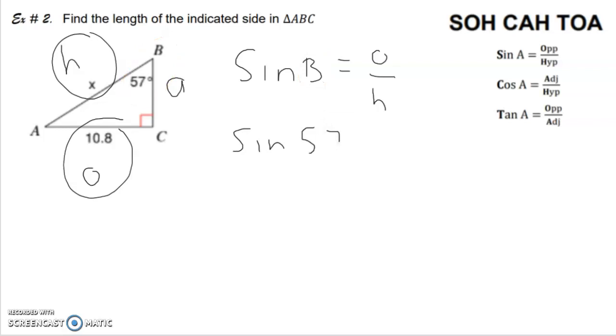So let's write 57. And then we know that the opposite is 10.8, so we have 10.8, divided by the hypotenuse, and we know that the hypotenuse is X.